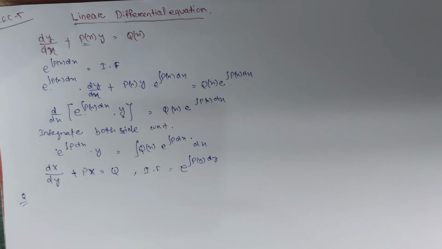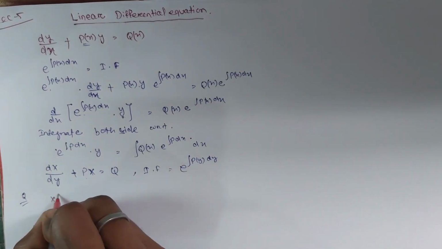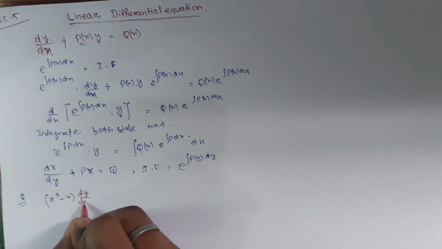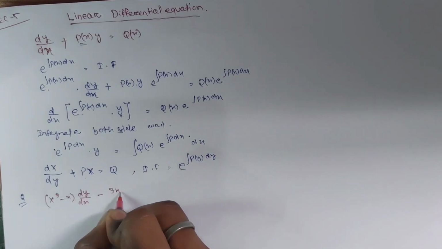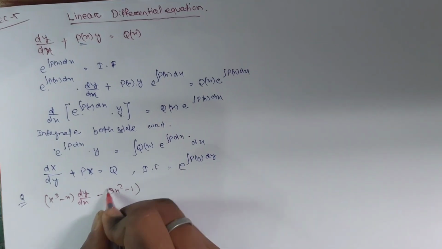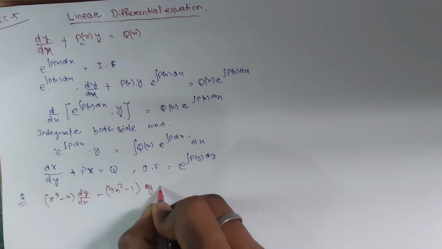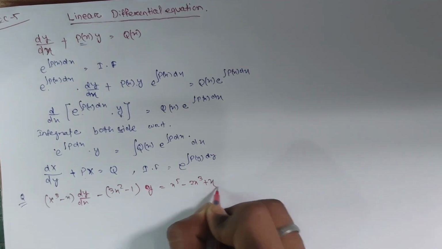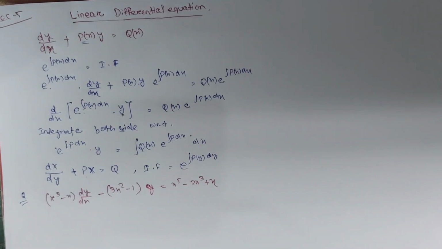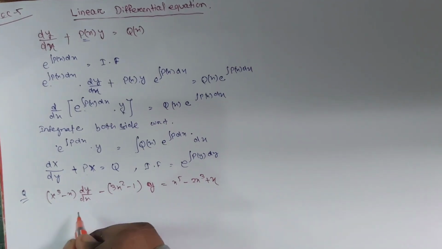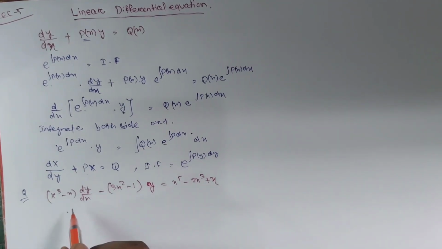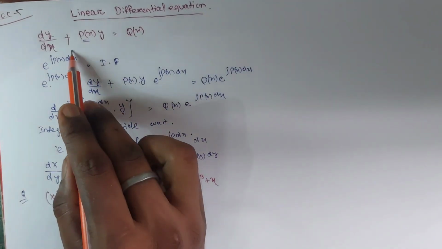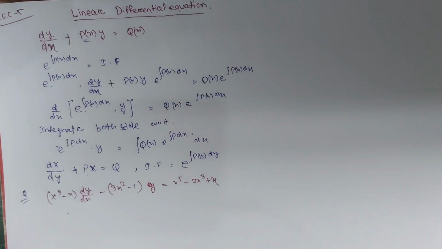Let us take an example: (x³ − x) dy/dx − (3x² − 1) y = x⁵ − 2x³ + x. Then what we will do is convert this equation to the general form.